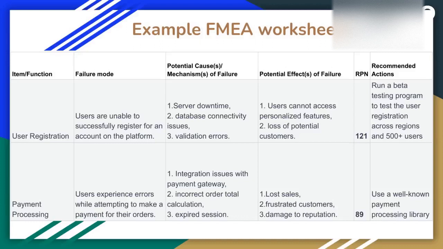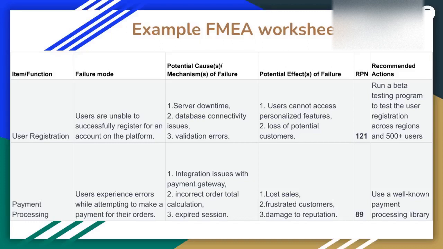The RPN value provides a ranking for each failure mode, and it allows the project team to prioritize their effort. As we mentioned, a higher RPN value indicates a more critical failure mode, which requires maybe an immediate attention and some kind of a mitigation plan by the project team. Lower RPN values indicate less critical failure modes, and they may still need to be addressed eventually, right?